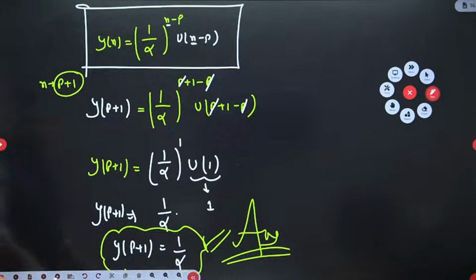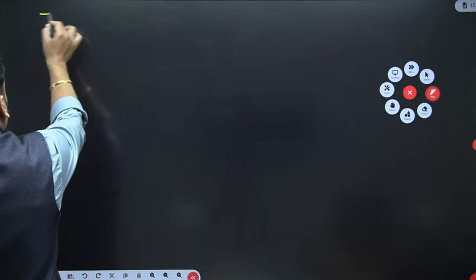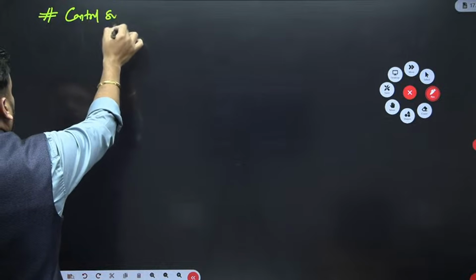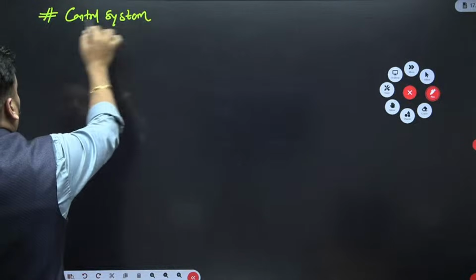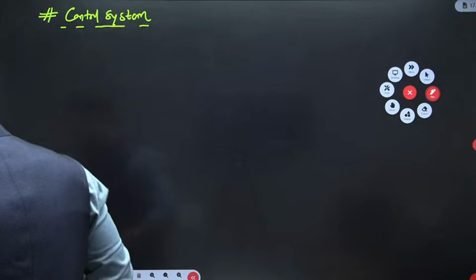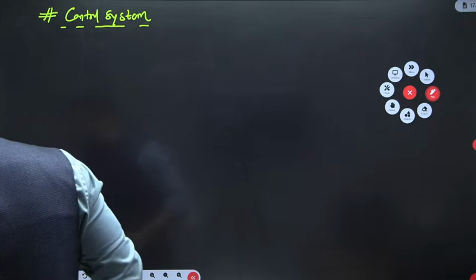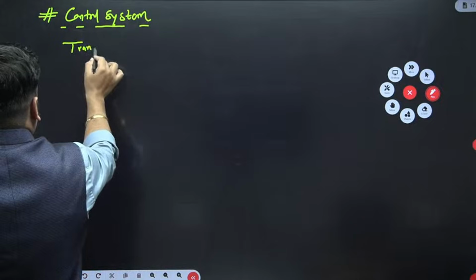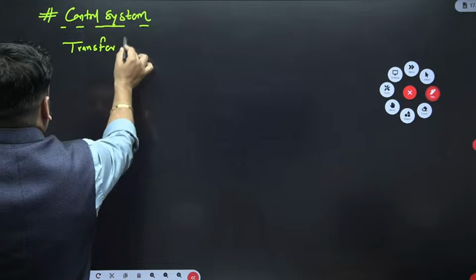So I have one more question from control systems. Now this is a very easy question based on the Routh-Hurwitz criterion.